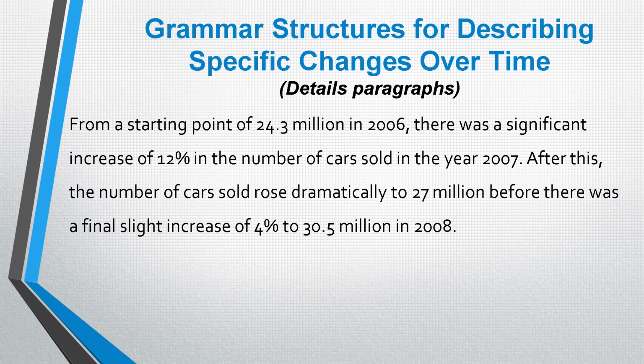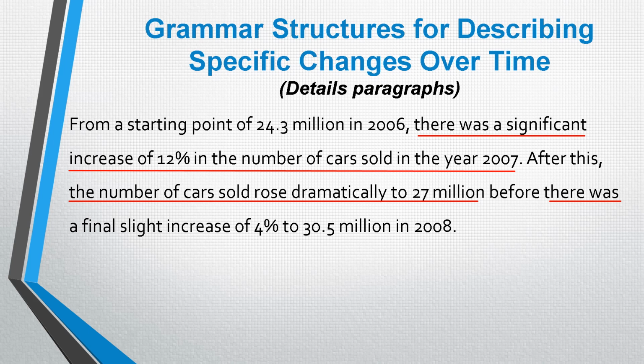So here is a paragraph showing those two different structures being used in a details paragraph. Here's the first sentence, and here's the second sentence. Now, notice that we have started the sentence with the starting point.